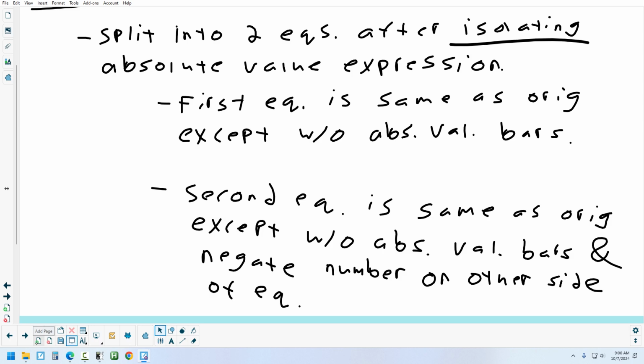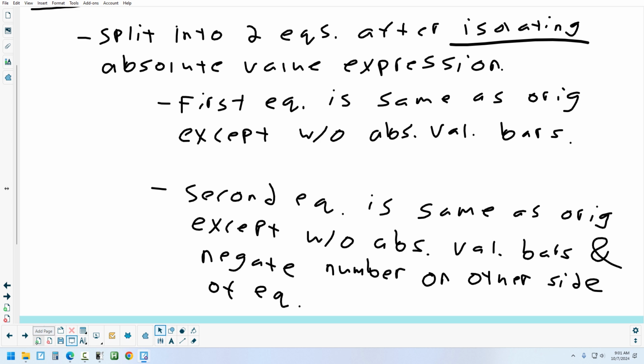That's what negate means, just a shorter way of saying that. We're going to change the sign of the number on the other side. So if originally it was equal to a positive 5, we're going to make it equal to a negative 5. If it originally was a negative, when we negate it, it's going to be a positive.